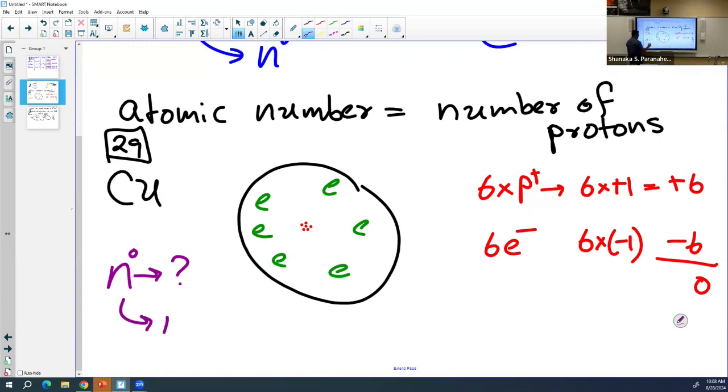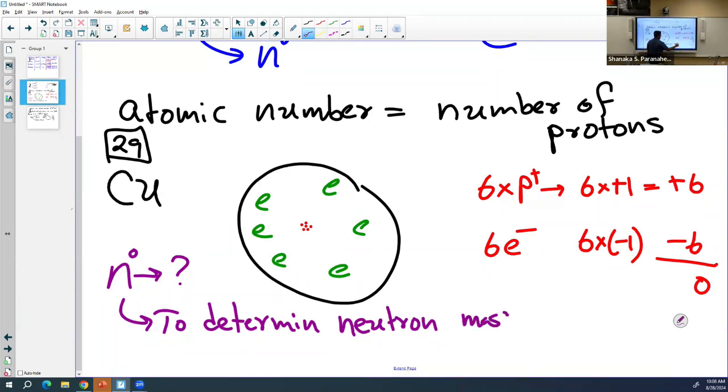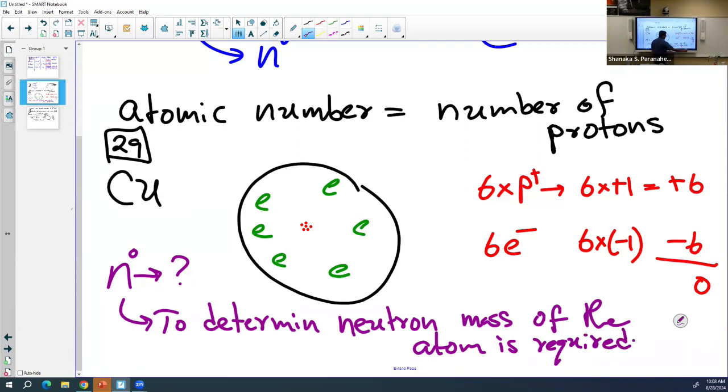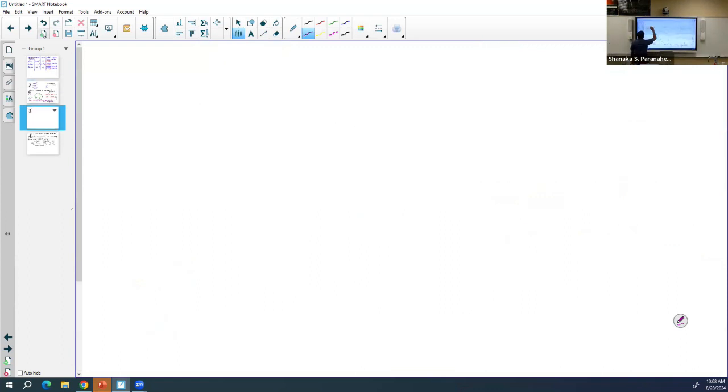So to determine neutron, mass of atom is required. The mass of an atom is called mass number.